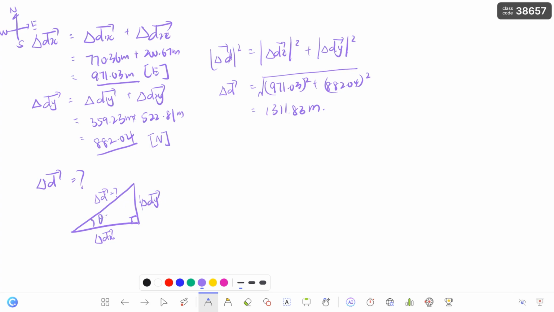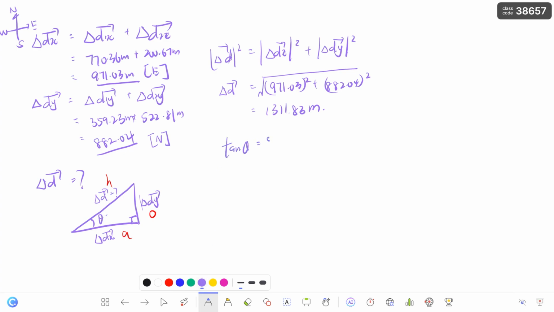Since this is a two-dimensional problem, we need to find the angle as well. In order to find the angle, we can use another trigonometric ratio, which is tangent, because we have the hypotenuse, adjacent, and opposite. We already have the information for adjacent and opposite. Therefore, we use tangent.